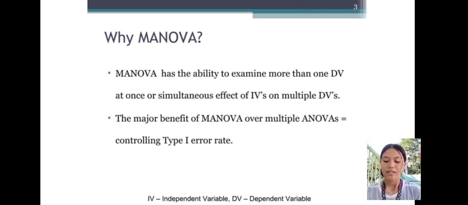The major benefit of MANOVA over multiple ANOVAs is controlling the type I error rate.